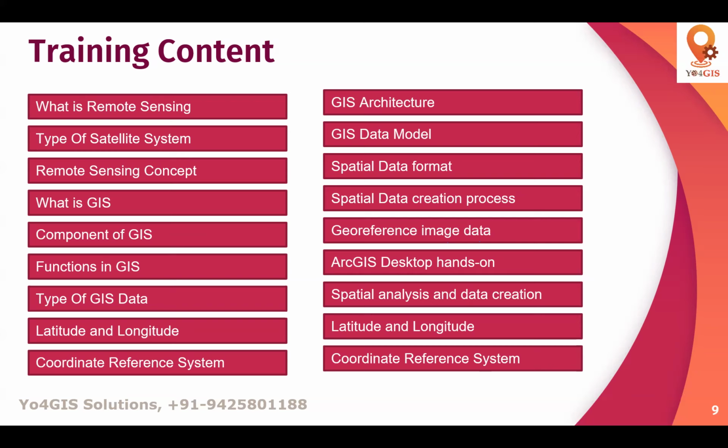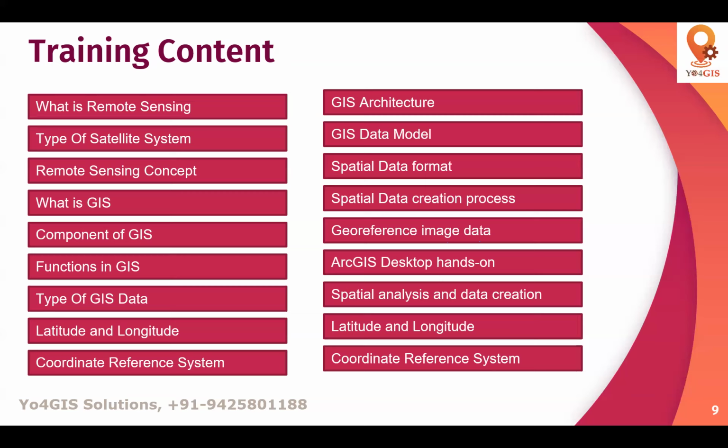After completing just six or seven sessions, you will get 100% confidence that you can understand what remote sensing is, what GNSS is, what GIS is, and what the different types of data in GIS are.